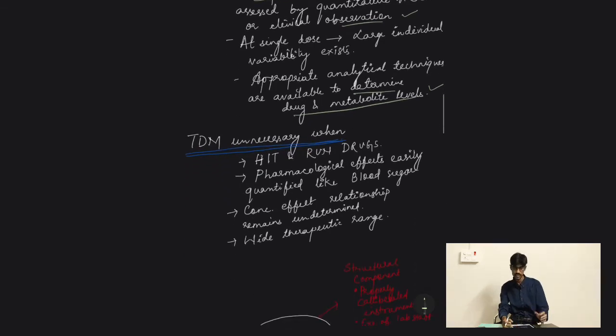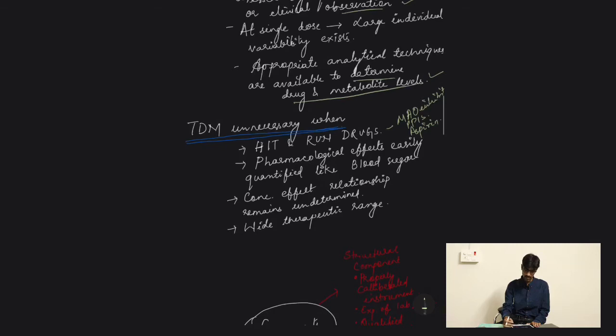And in which cases is therapeutic drug monitoring unnecessary? In cases of hit and run drugs like MAO inhibitors, PPIs, or aspirin. In these cases, like hit and run drugs, therapeutic drug monitoring is unnecessary.